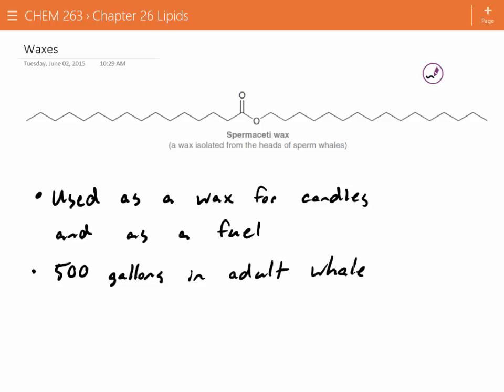So they would send out these whaling ships. I mean, on a given day, they might catch one or two of these, and then they would store these barrels of wax, process it on the ship. That way it wouldn't go rancid. And then they would take it inland and then use it for all of these applications.